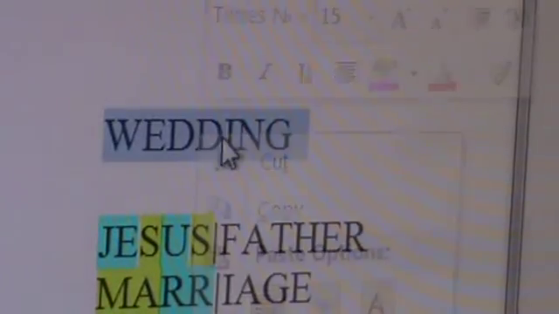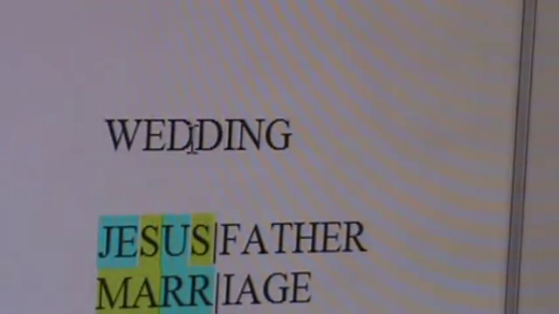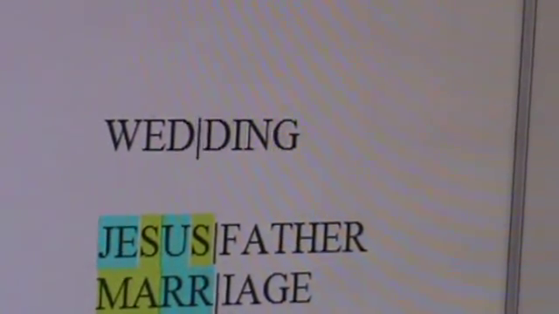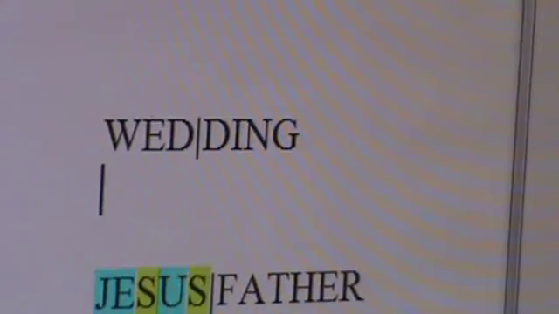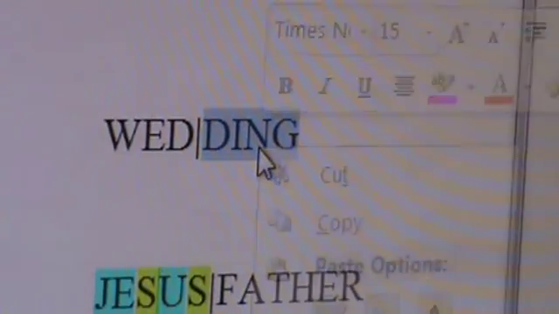Okay, and then when you look at the word wedding, there's always many ways to slice this, to show the Christ-Father combo. I'm just going to slice it right here, wed. And the reason I'm going to do that is because wed, well, you know what? I actually will choose a Jesus-Father combo in this case.